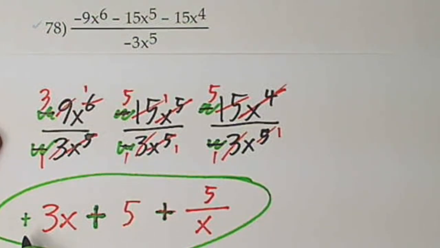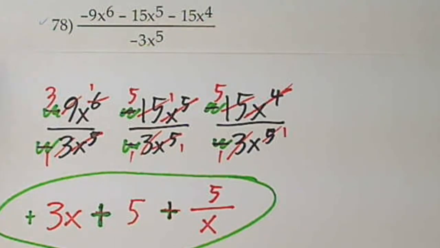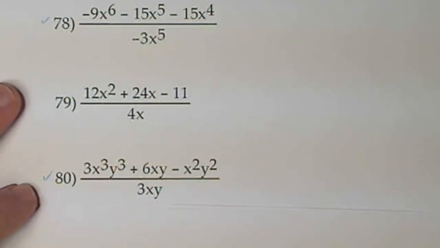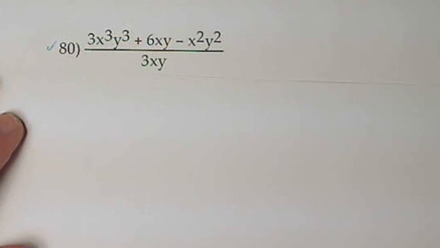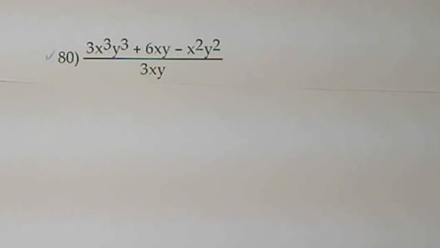And obviously that leading plus is not necessary. And we're going to do one more, number 80. Alrighty. Again, I suggest rewriting with this 3xy underneath each term because it applies to each term.